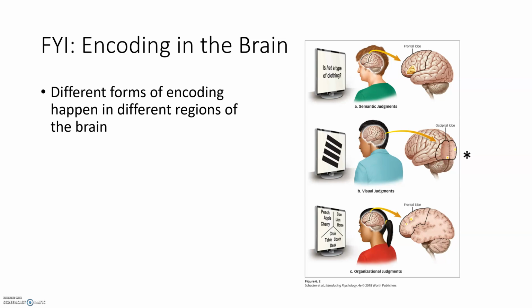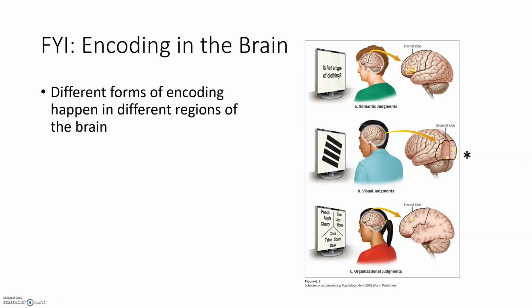Just so you know, these different types of encoding are going to activate different regions of the brain. And this is not on the exam, but one example here that draws on some information you do know from the neuroscience and behavior chapter is that visual imagery encoding is going to activate the occipital lobe, which is involved in visual processing.